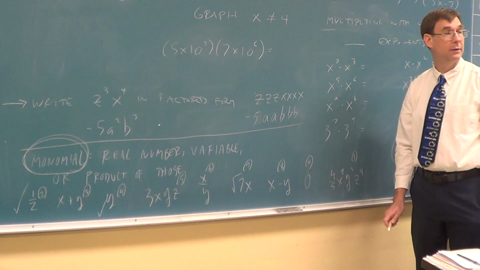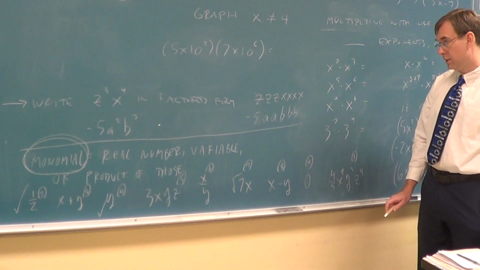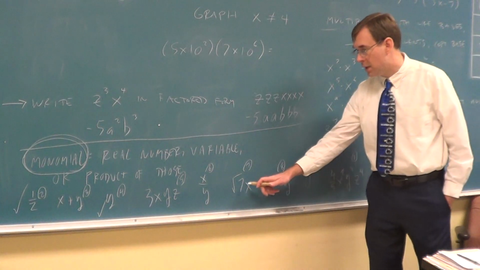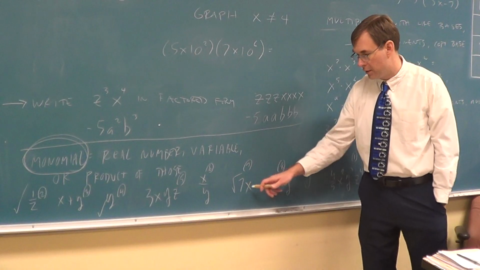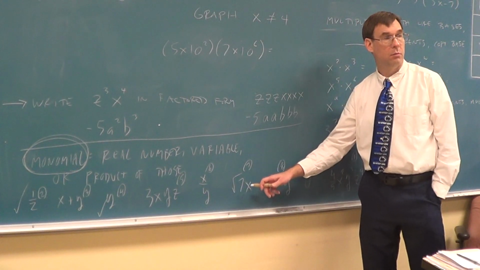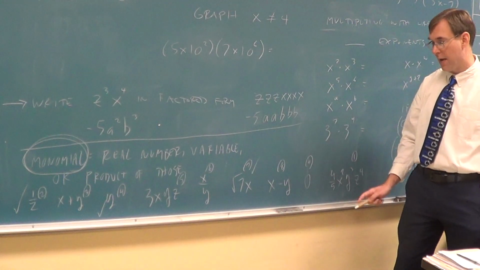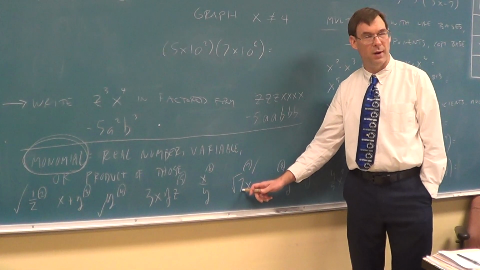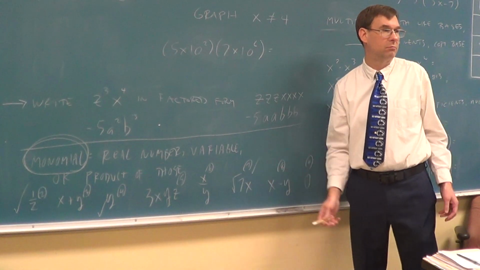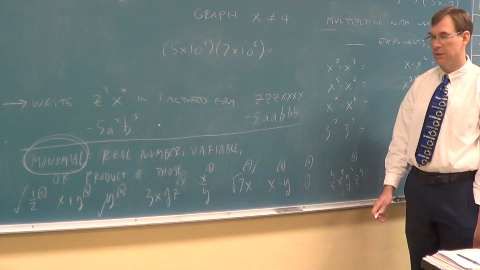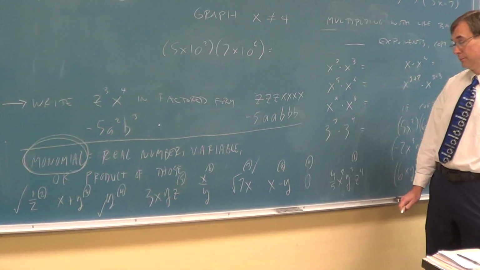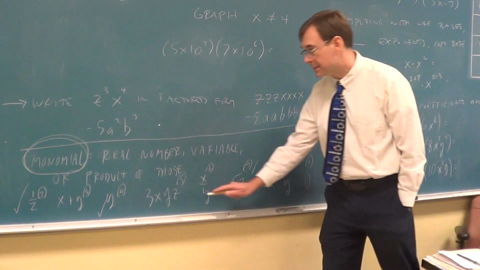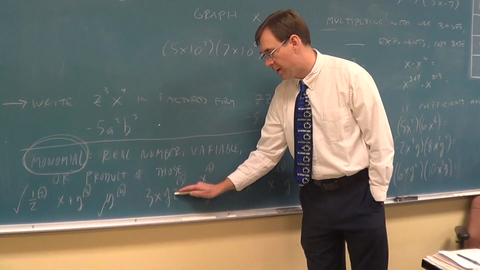What do you say? Is 7 not a real? 7 is. Root 7 is a real number. X is a variable. Those are right now trying to multiply. That's all okay. Root 7 is kind of a weird real number, but we've heard of that before. 5 is. 5 is a real number, variable, variable, variable.